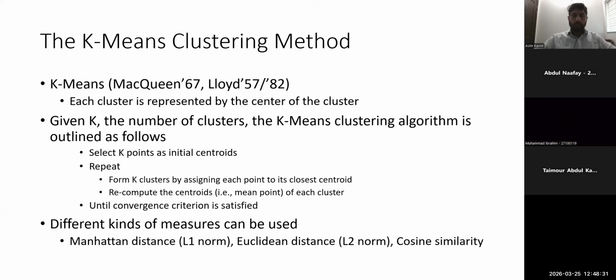So in this algorithm, each cluster, remember we mentioned that there are different types of clusters. In this k-means algorithm, the cluster is represented by the centrally located point in the cluster. Okay? So that point is actually the mean of all the objects in that cluster. So that's where the name comes from, k-means.